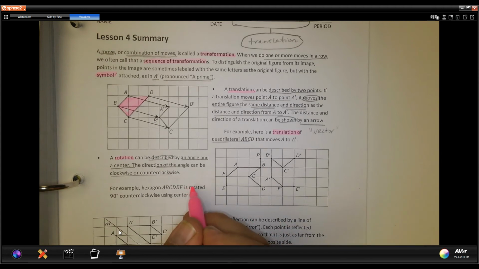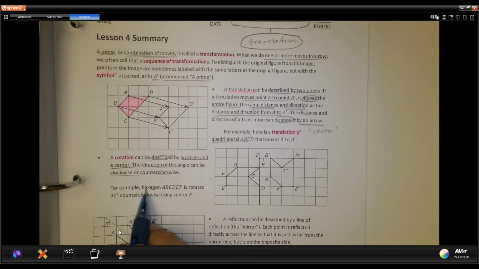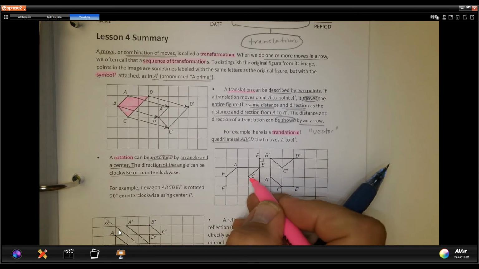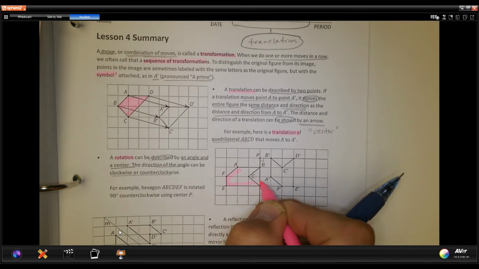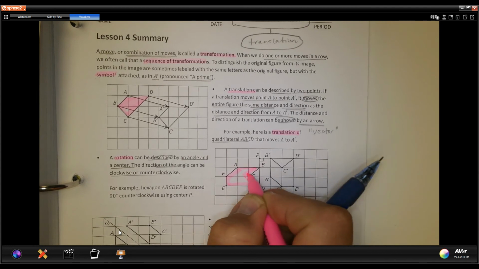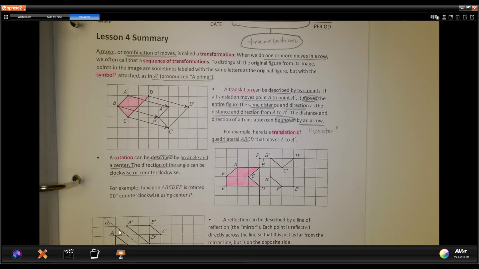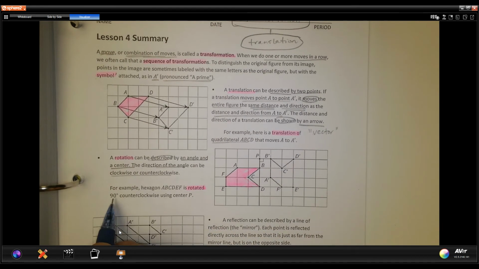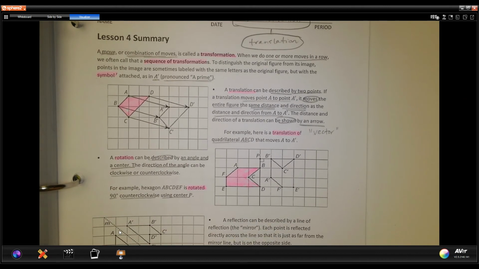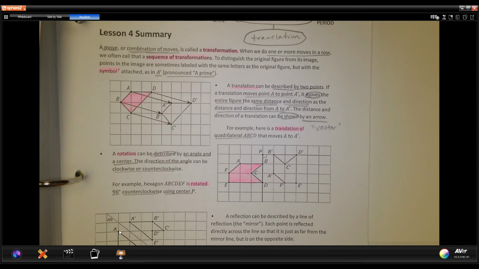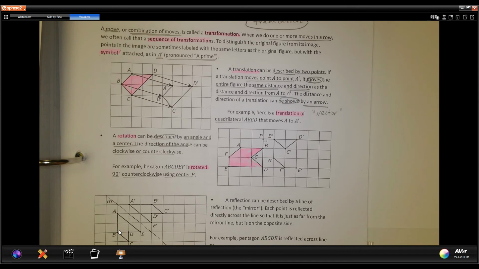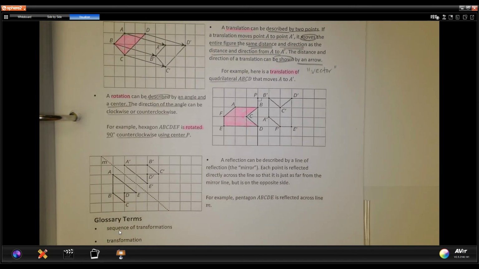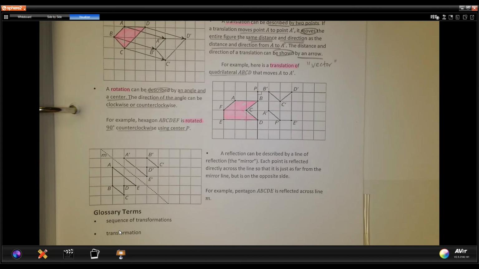Again, pay attention to the notation that we are saying first the name of the figure, in this case, hexagon ABCDEF. And I know you're looking at this saying, that's not a hexagon. Well, since it has 6 sides, it is a hexagon. That hexagon is rotated, here's our measurement, 90 degrees counterclockwise using center P. We can't forget any components to this, otherwise it leaves some unknown information to make our description less precise.